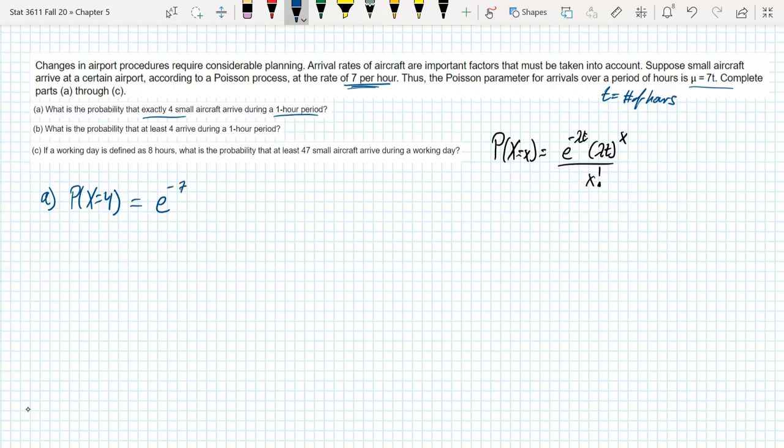So that's e to the negative 7 times 7 to the 4th over 4 factorial. We run that through a calculator, and that is approximately 0.0912 if I round that off to 4 decimal places.